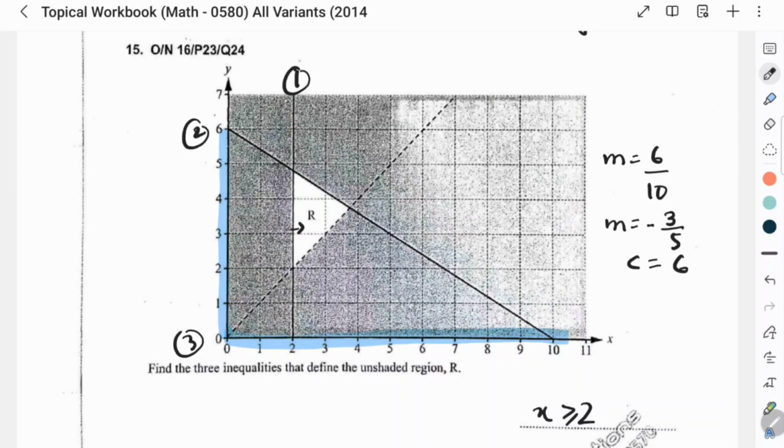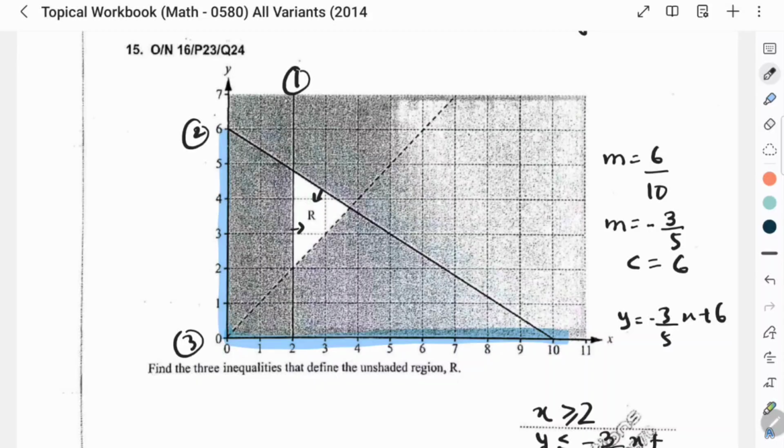Okay, and the region is below the line. So y is equal to mx plus c, y is equal to minus 3 upon 5 x plus 6. So that is y is less than or equal to minus 3 upon 5 x plus 6.